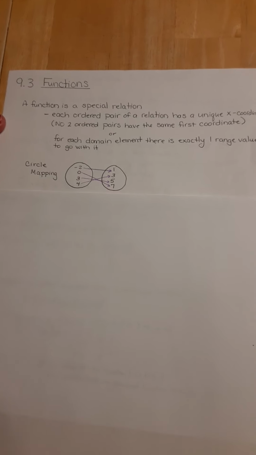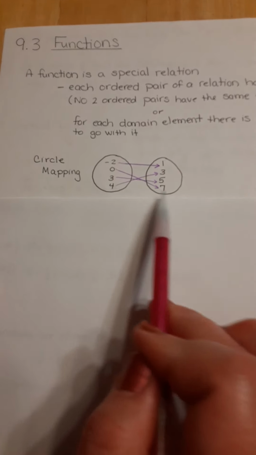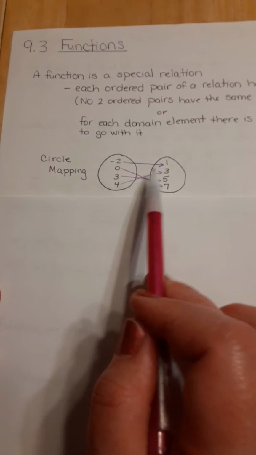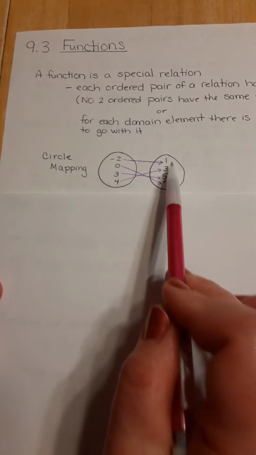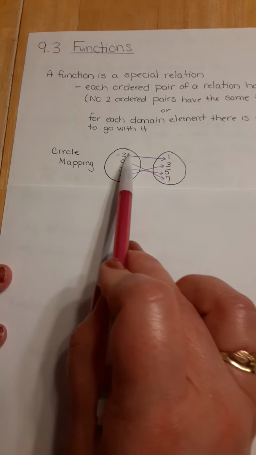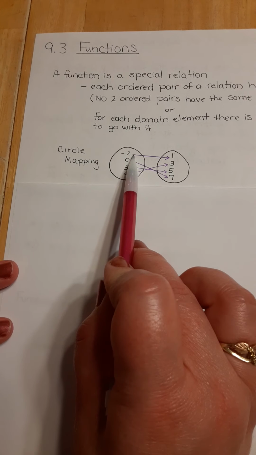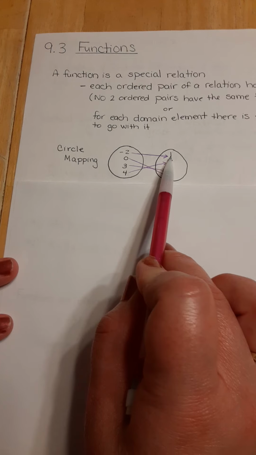One way to tell if we have a function is to use what is called circle mapping. Circle mapping is where I make a circle for my x values, and then a circle for my y's. Here is my domain, here's my range. Then I draw an arrow from each x coordinate to its y coordinate.